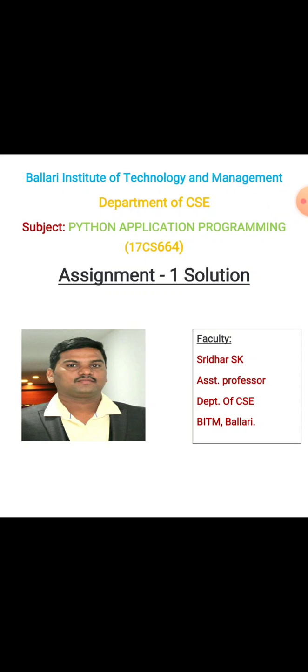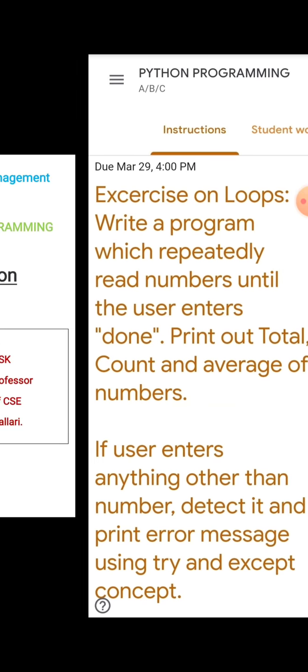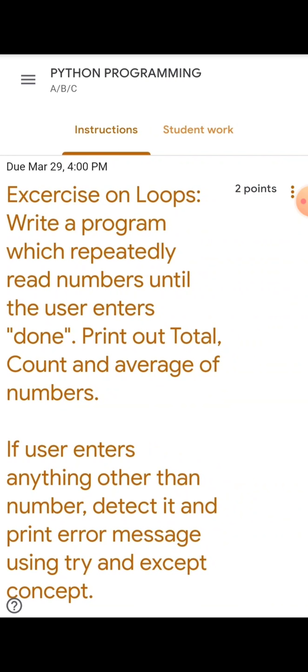We should always remember that any program solution should be simple, precise, and optimized with as few instructions as possible. So, to start with, I read out the problem statement given on loops in Python. It goes like this.